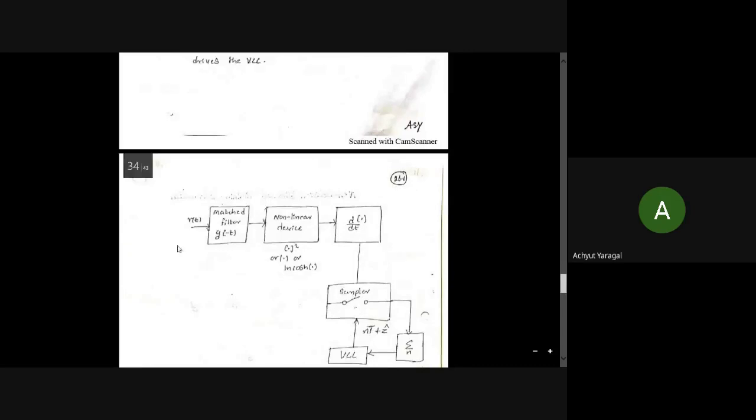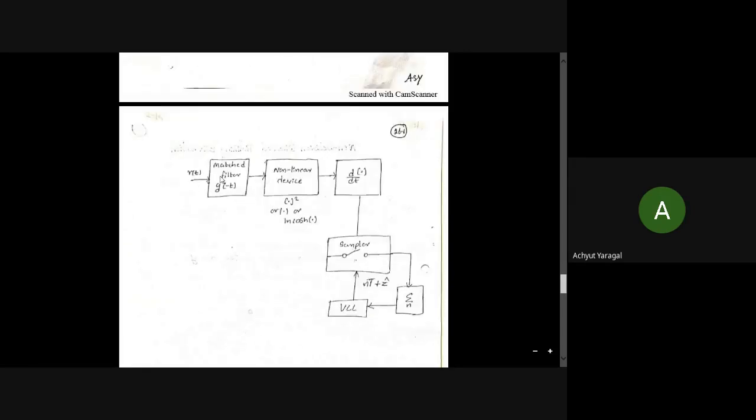Now this equation could be implemented again with the same figure that we have discussed for the decision directed method. Nothing much difference is there. Again, the received waveform will be taken as an input to the matched filter.